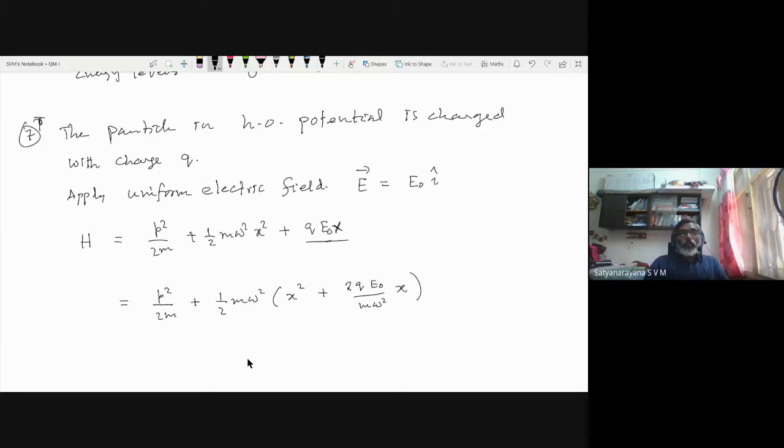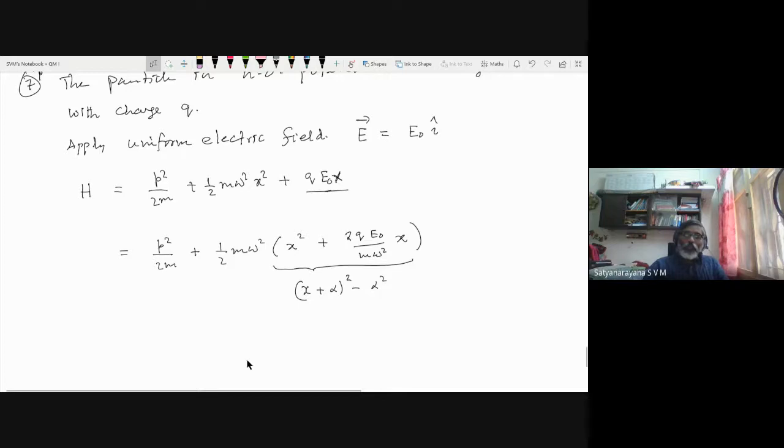And now I can complete the squares. I want to write this as x plus alpha the whole square minus alpha square. That means 2x alpha is equal to 2qE0 by m omega square into x. So 2x cancels, and alpha is equal to qE0 by m omega square.